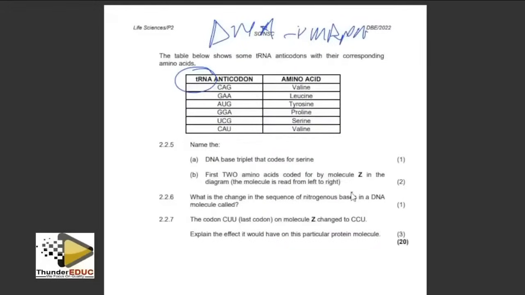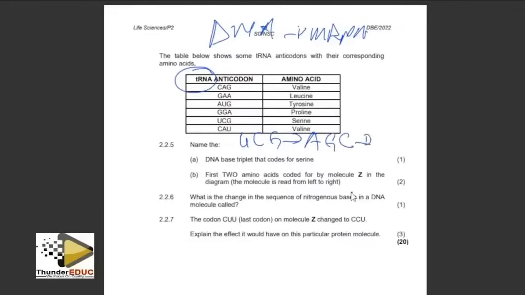In this case, they are saying name the DNA-based triplet code for serine. Now this is transfer RNA. Serine is here, so it is UCG. This is transfer RNA. Convert it to messenger, which is AGC.